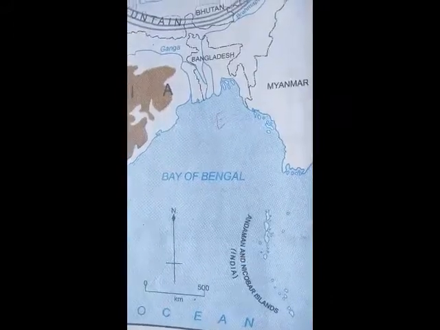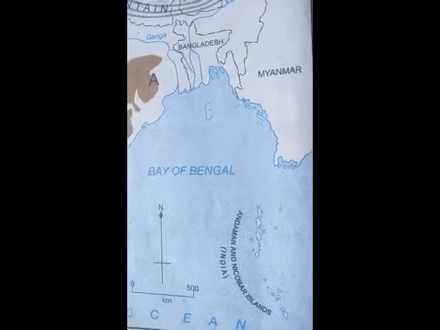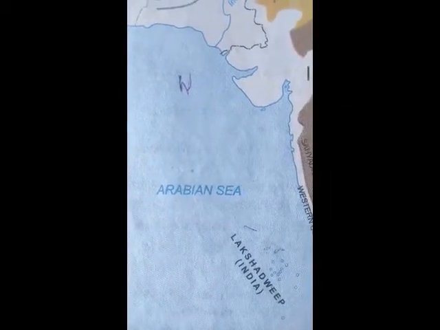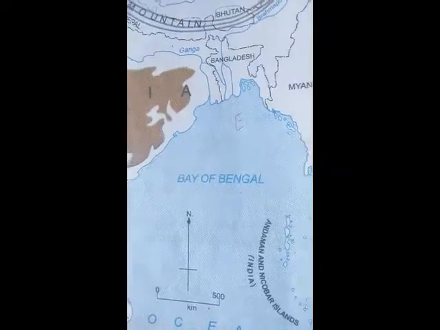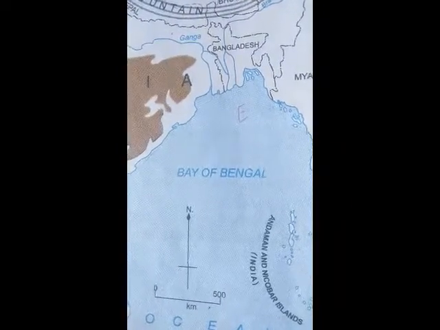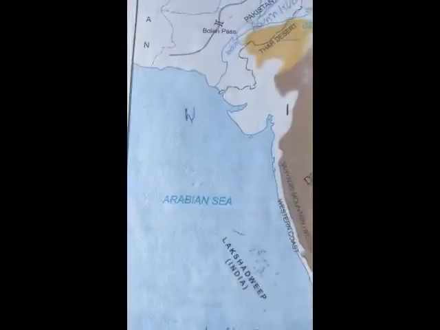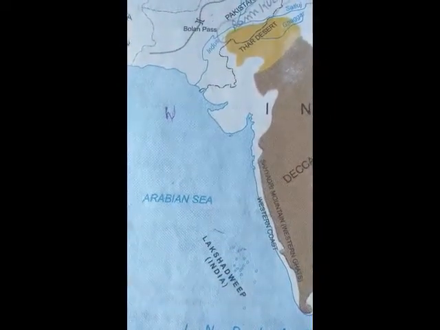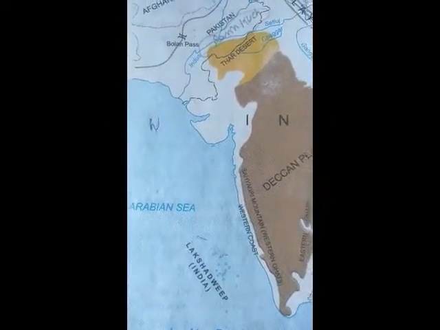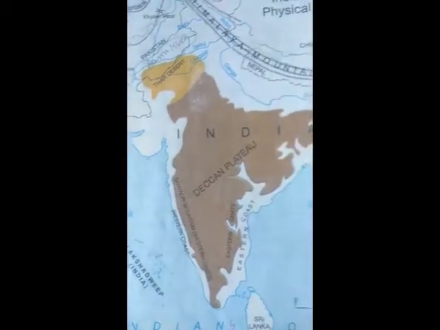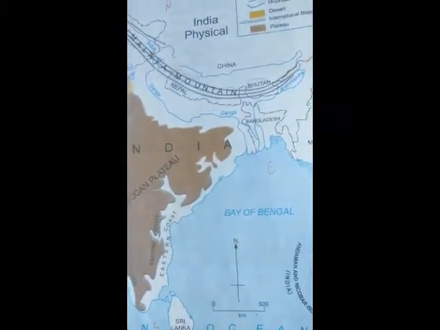In the middle of the Bay of Bengal we can see the Andaman and Nicobar Islands, and in the middle of the Arabian Sea, Lakshadweep. So except the Andaman and Nicobar Islands and Lakshadweep, the rest of the country has a very close relationship with other countries, because all these islands are in between the sea.